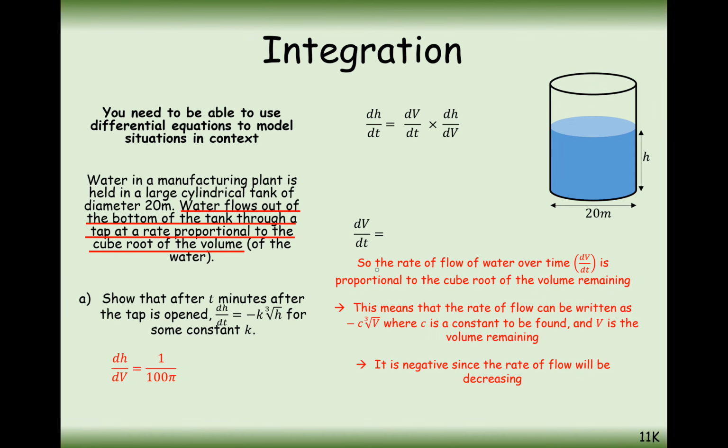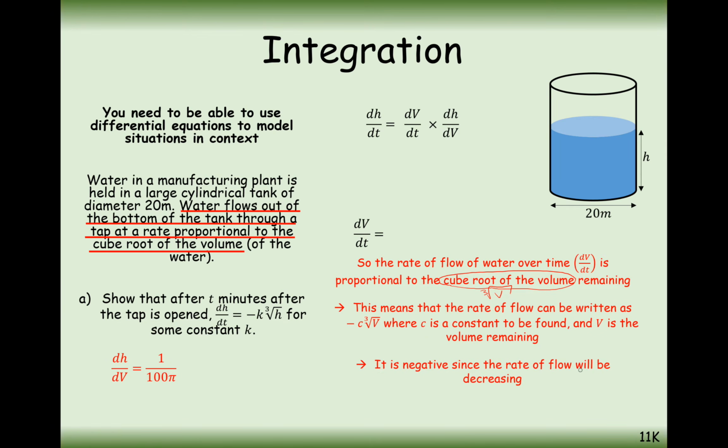Okay, so let's read what we've got here. The rate of flow of water over time, that's dV by dt, the rate at which the volume is changing over time, is proportional to the cube root of the volume remaining. So the cube root of the volume, that's definitely going to be some sort of symbol to do with the cube root of V. This means that the rate of the flow can be written as minus, because the volume is decreasing, c, because it's proportional to, and the cube root of V, where c is the constant to be found, and V is the volume remaining.